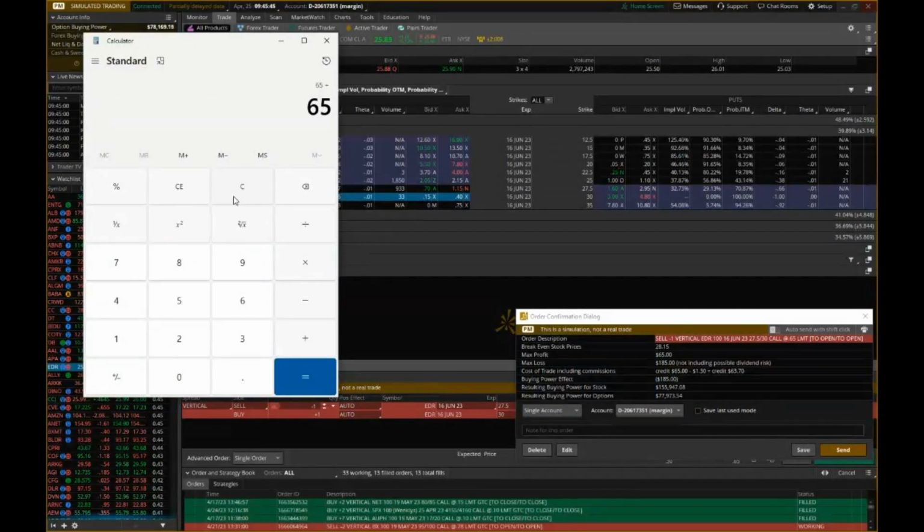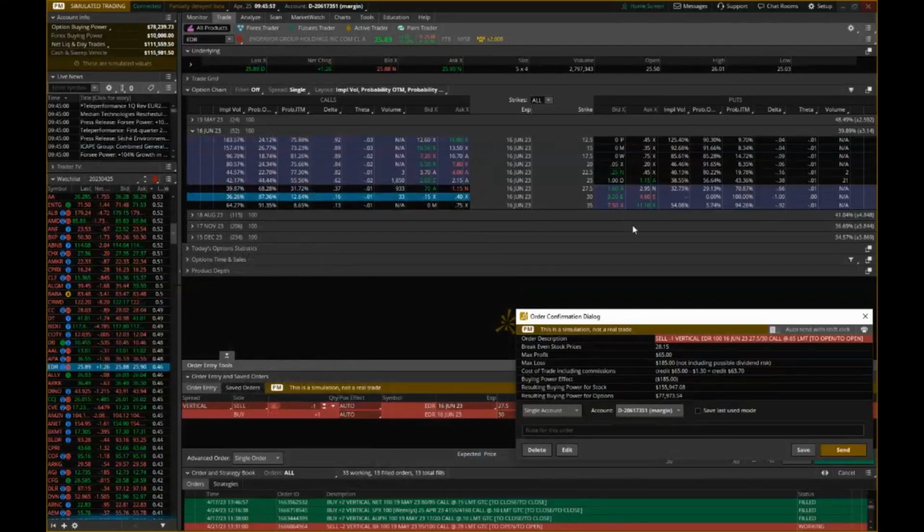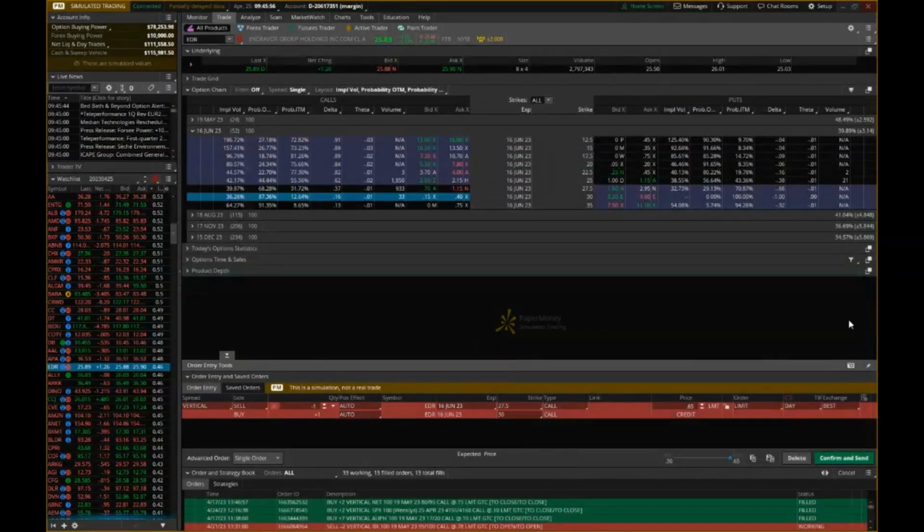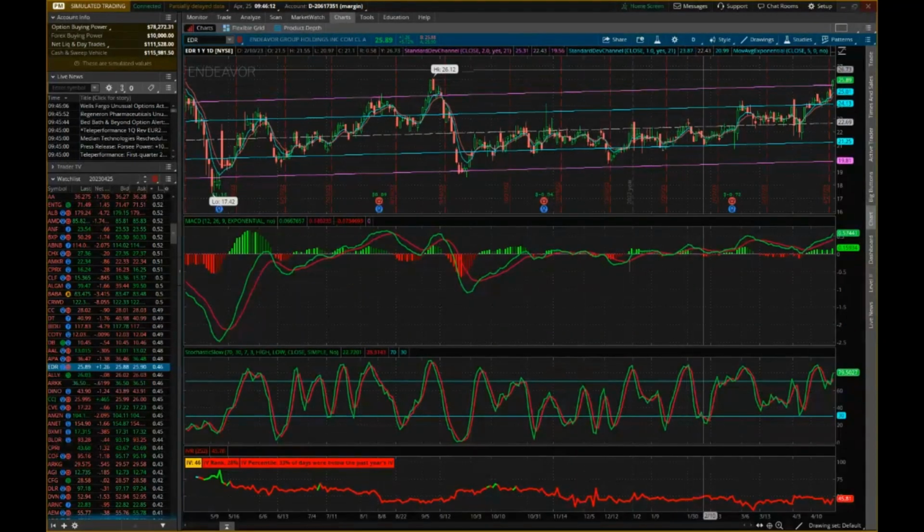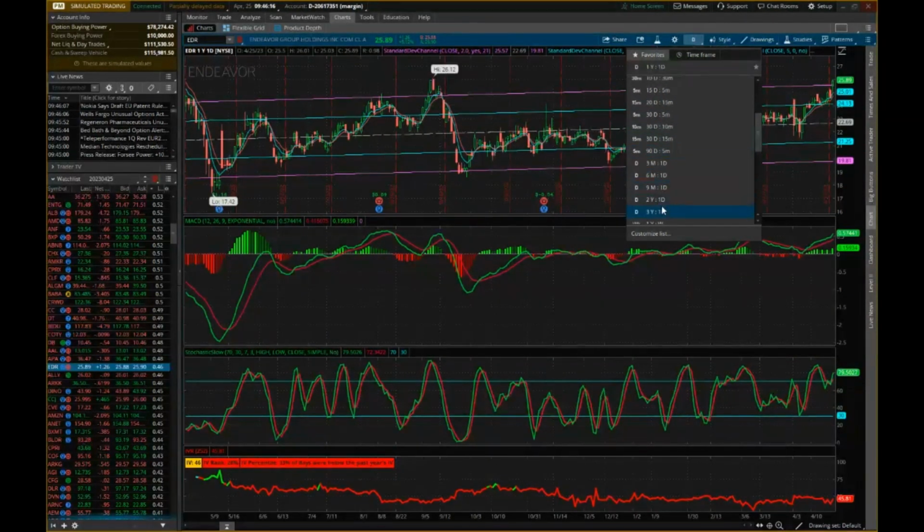So 65 divided by 185, 35% return on capital. It's giving us a 68 prob OTM, 37 delta. 27.50 would be up here. What does the 2-year look like?